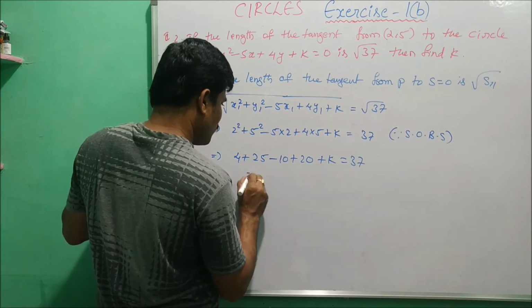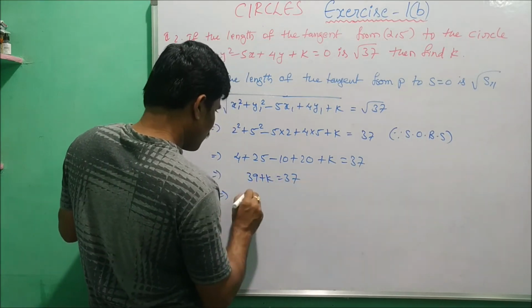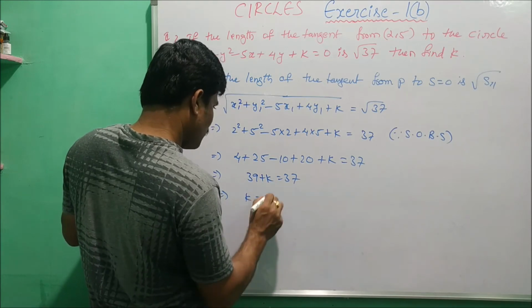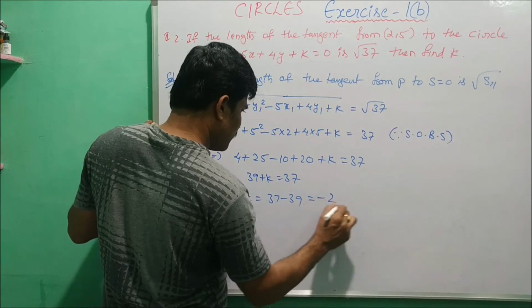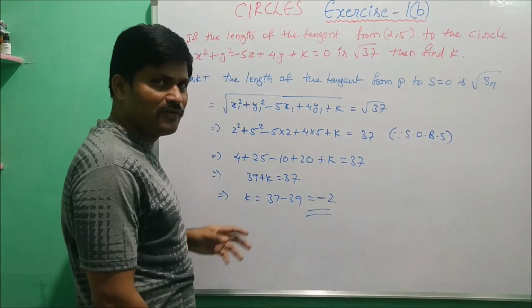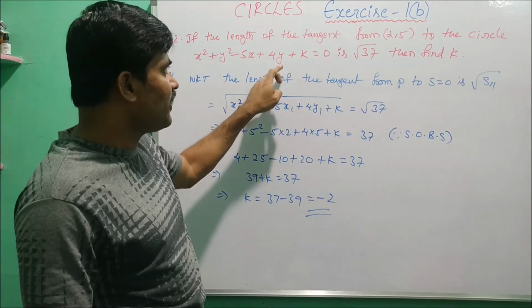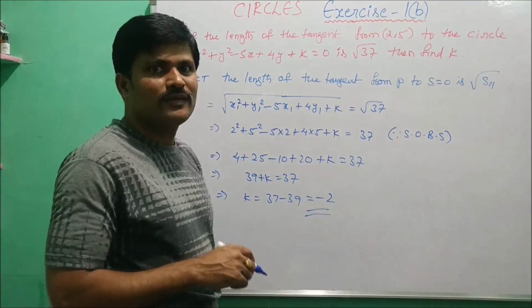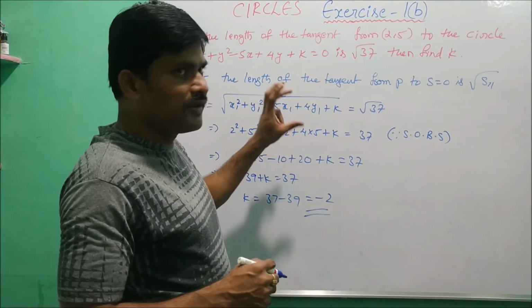So 39 plus k equals 37, so k equals 37 minus 39, that equals minus 2. So this is the value of k. Here, given the length of the tangent, we find the constant in the equation of the circle. So these are the 2 mark questions given in IPE.